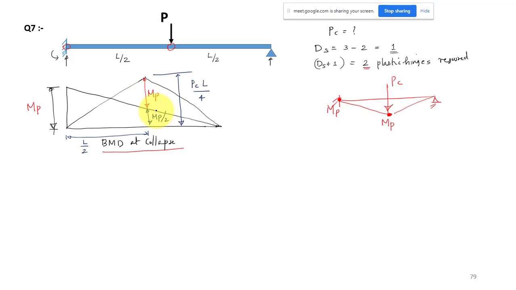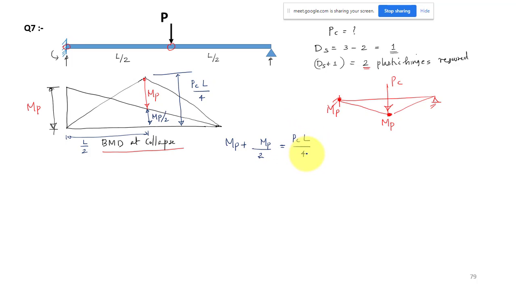So I can write MP plus MP by 2 is equal to your PcL by 4.